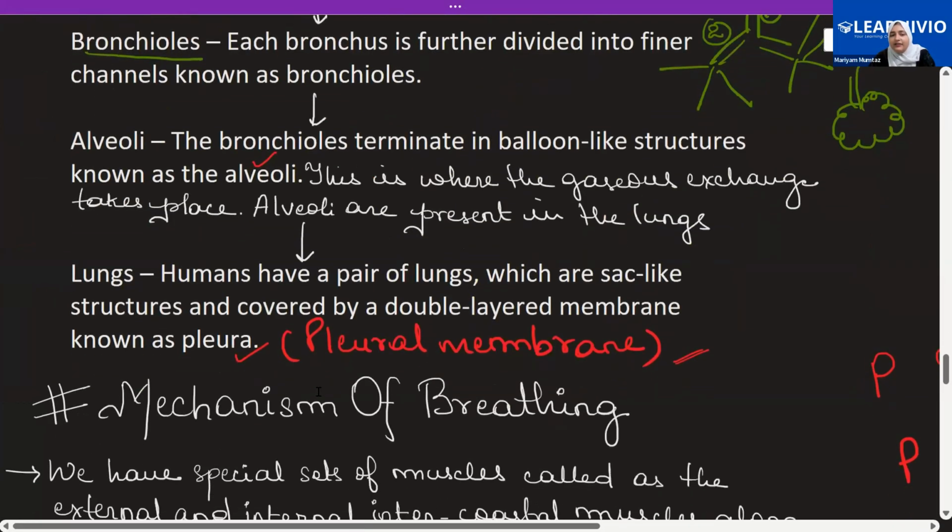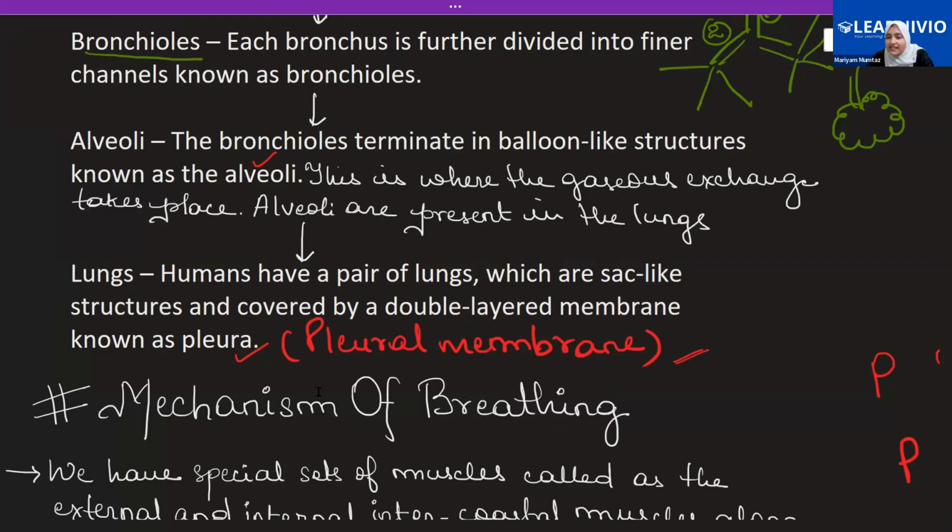Now, the alveoli are the exact location where the actual exchange of gases takes place, and they are present in the lungs. Always remember that the lungs and the alveoli are very richly supplied with blood vessels. A lot of blood vessels are present so that easy diffusion can take place.